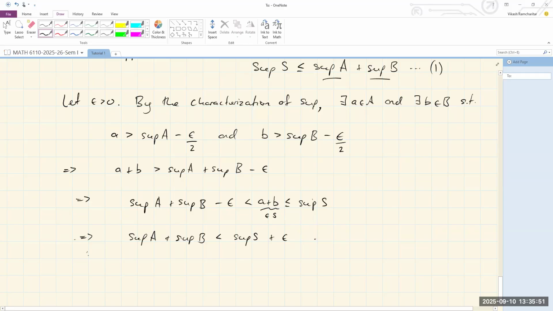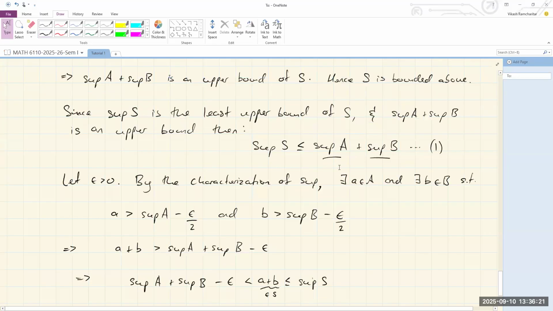So you can see, since epsilon is arbitrary, or since this holds for all epsilon, we have that the supremum of A plus the supremum of B is less than or equal to the supremum of S. Okay, and this I call 2.